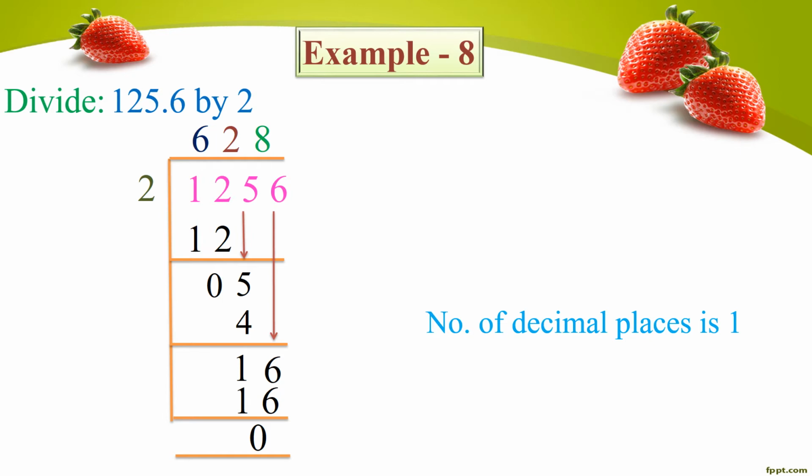After the decimal point there is only one number, that is counted as the decimal place. Now we have to shift one place from right to left in the quotient. On doing so, we get the result 62.8.